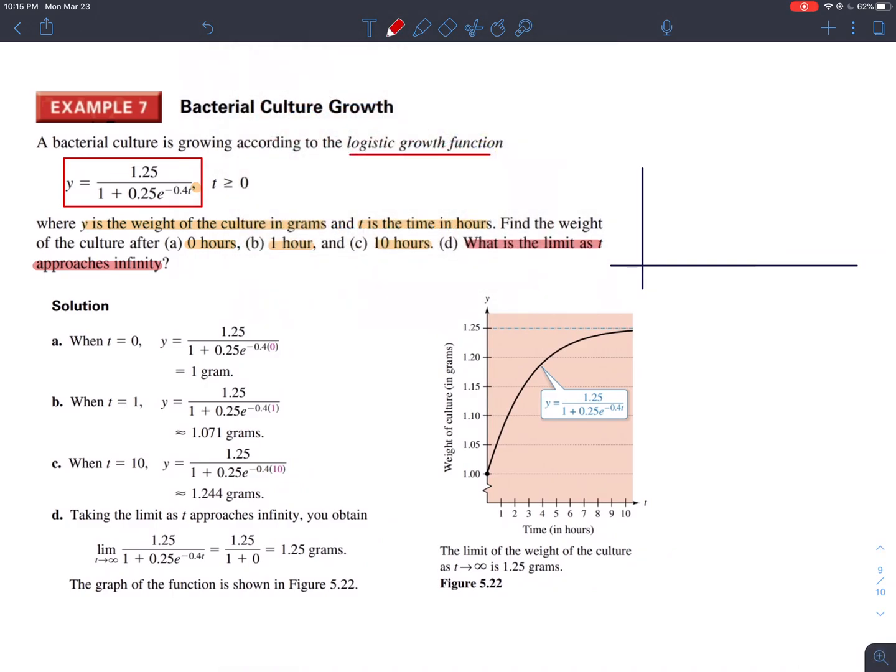Logistic growth is, in a word, logical. Nothing ever grows exponentially forever. That would be an exponential growth model, which is technically not realistic in any scenario. At some point, some parameters, something is going to slow down the growth.